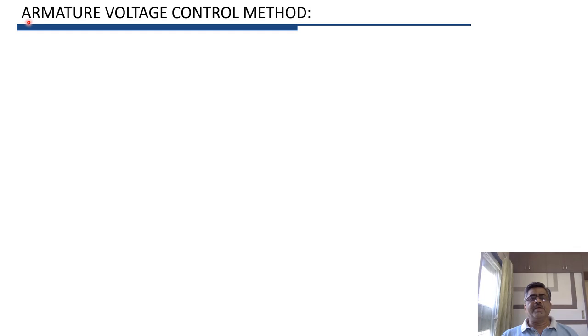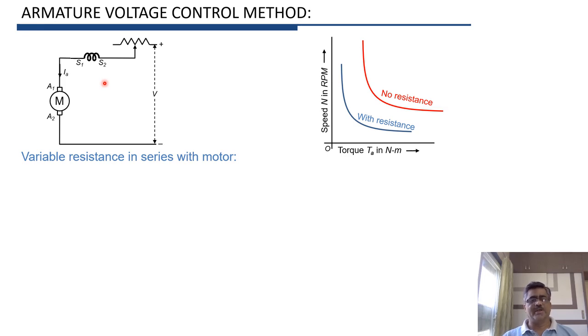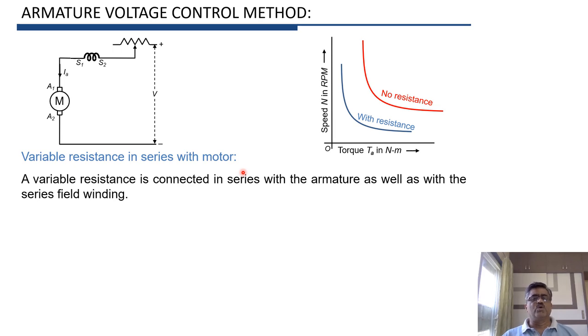Let us now study the second method of speed control, that is the armature voltage control method. The voltage across the armature can be changed by changing a variable resistance which is connected in series with the motor. In this method, a variable resistance is connected in series with both the armature as well as the series field winding.